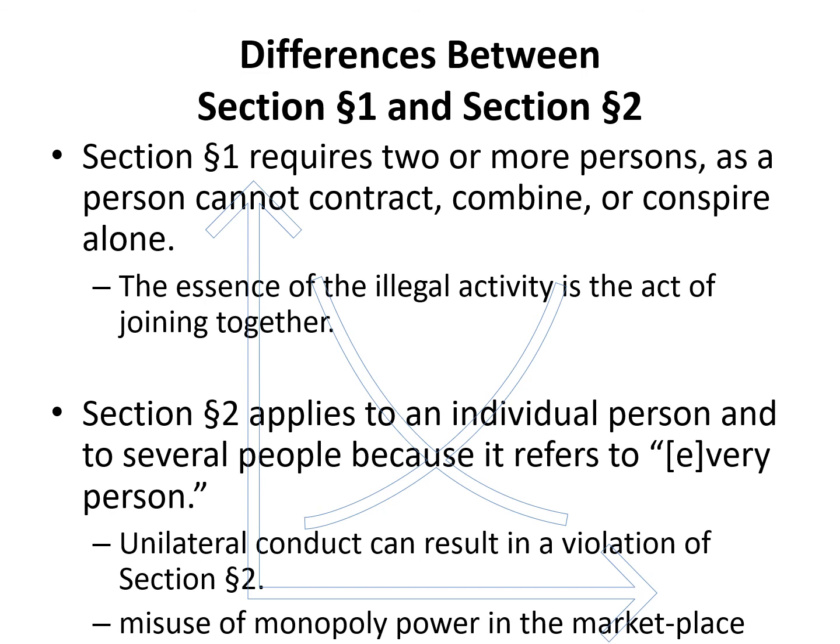Section 2 only needs an individual person or individual business that has gained huge amounts of market power because they have at least 70% or more of the market. So they're large and successful, at least 70% of the market. And then they use that power to artificially manipulate the market in some way.